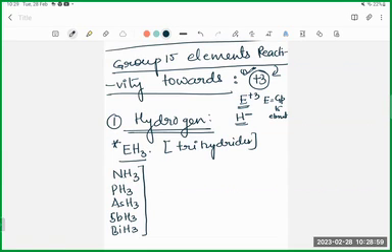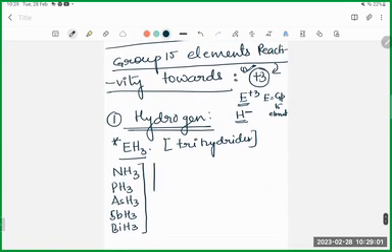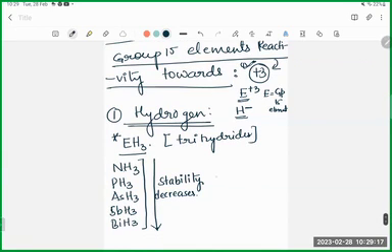Stability of hydrides decreases down the group. What is the reason for this decrease in stability?